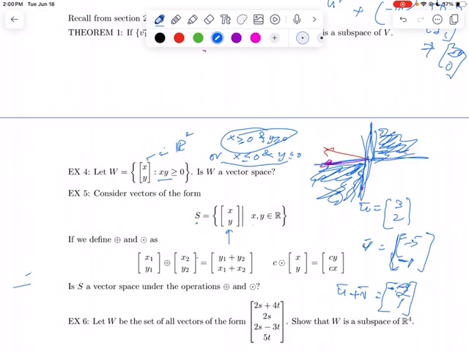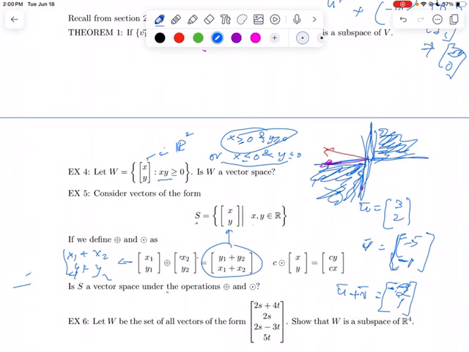Okay, and now we are going to define a different kind of addition. Look here, addition is defined as when you add x1, y1 and x2, y2, the usual addition says that you should have x1 plus x2, y1 plus y2. But note here, it is switched.